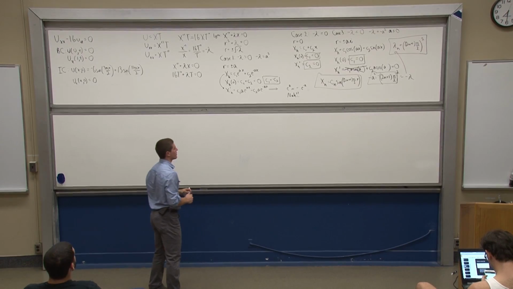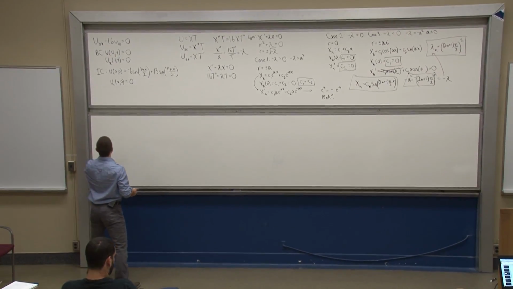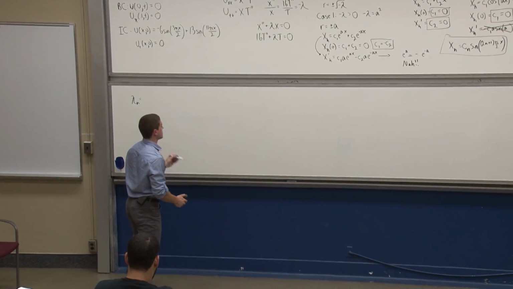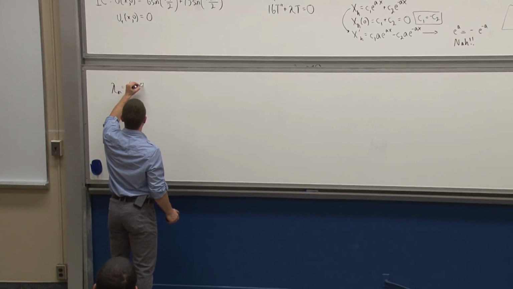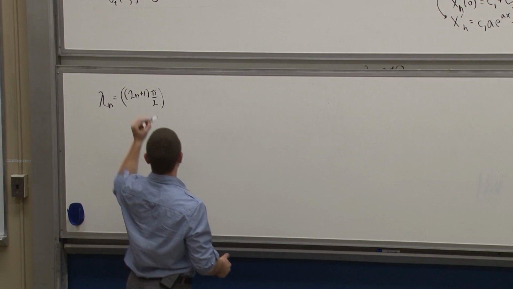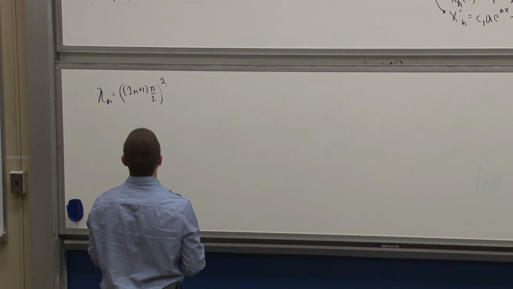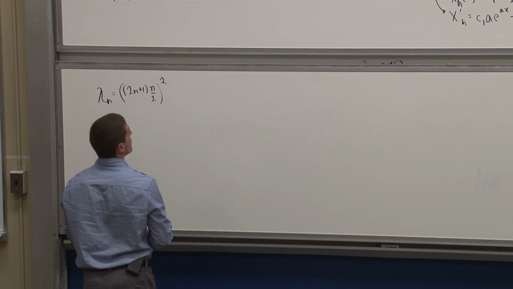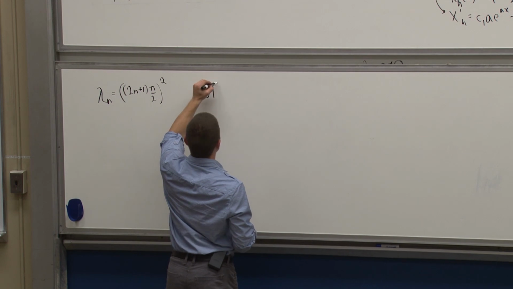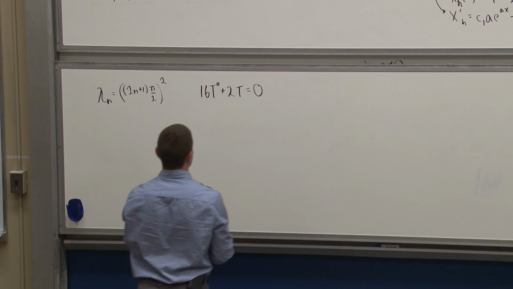Okay. So now we have lambda equals, I'm going to rewrite lambda, is 2n plus 1 pi over 2, squared. Now we have our t equation: 16 t double prime plus lambda t equals 0.